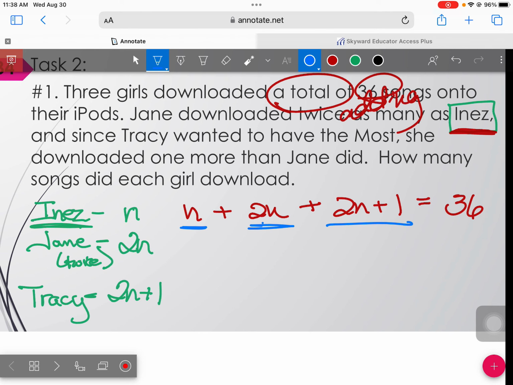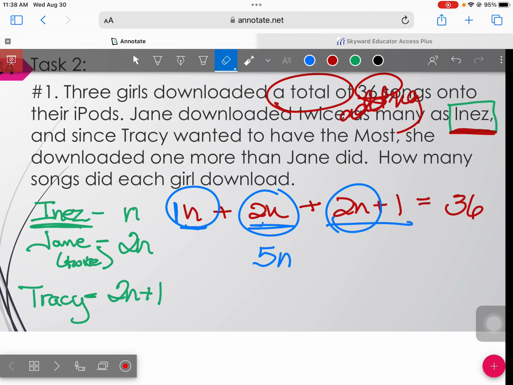What is the coefficient in front of N? 1. It's 1 understood. So 1N plus 2N plus 2N is going to be, is it 5N to the third? No, you just add the coefficients. Call it a name.